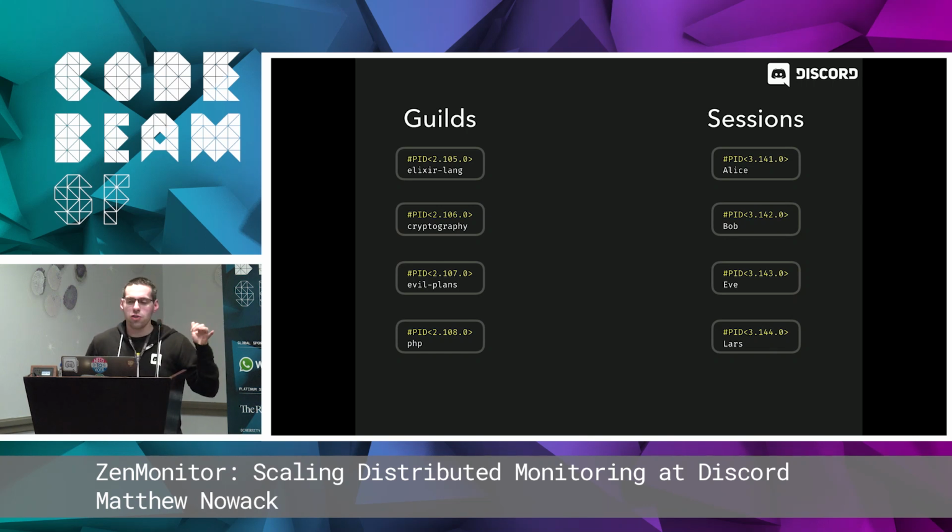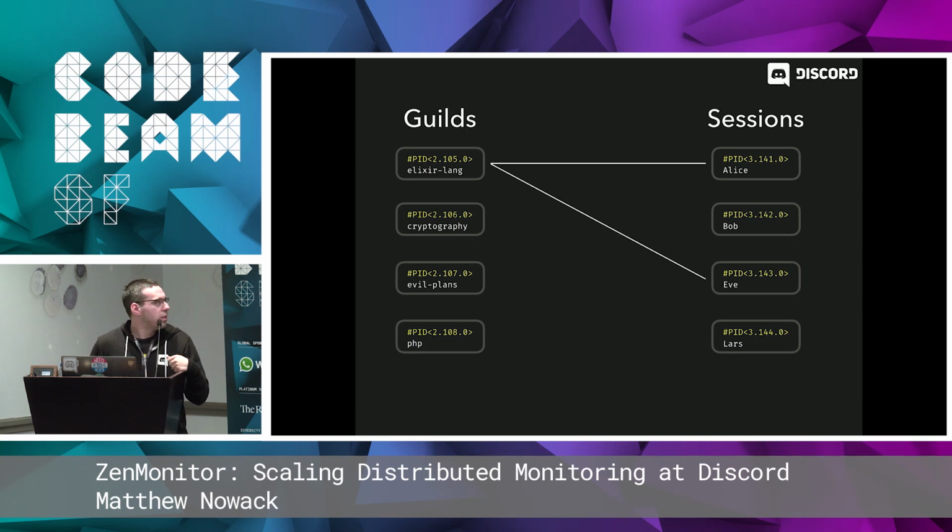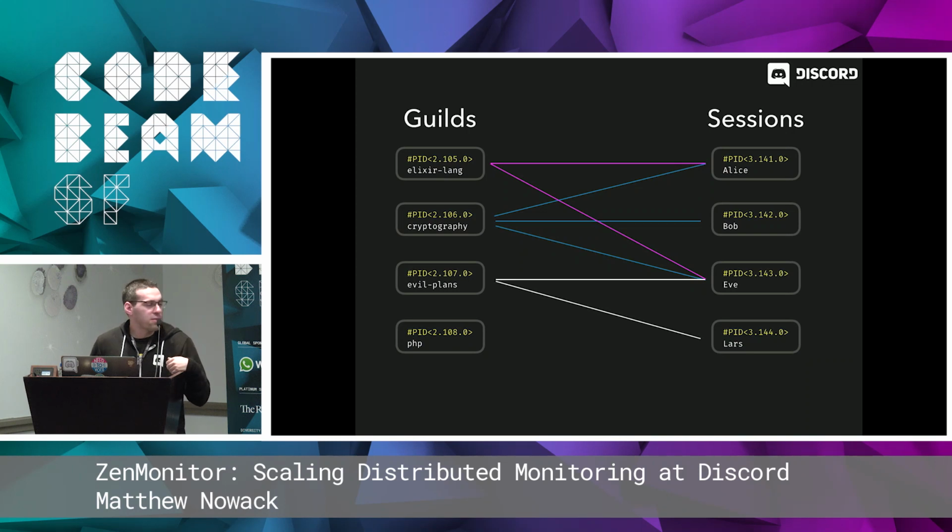And this relationship between guilds and sessions is many to many, right? So Alice and Eve could be in the Elixir guild together. In classic fashion, Alice, Bob, and Eve are hanging out in cryptography. Eve and Lars are in evil plans, and Lars is just by himself in PHP.